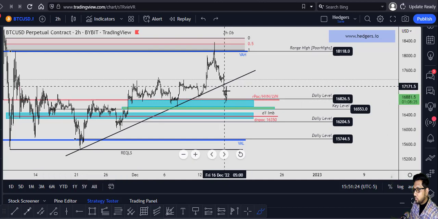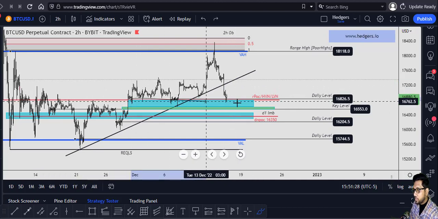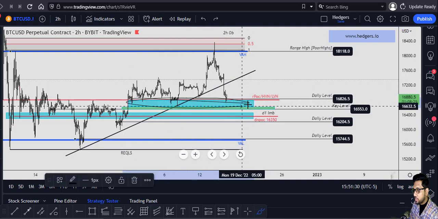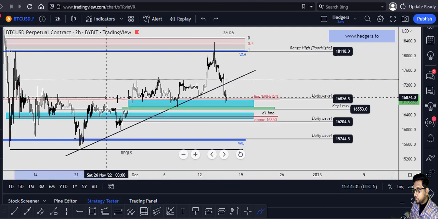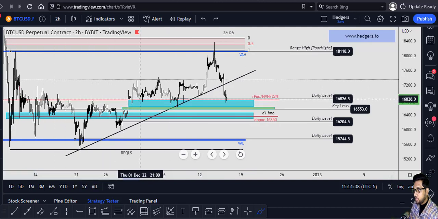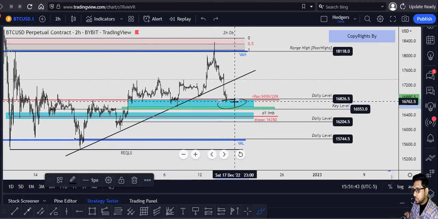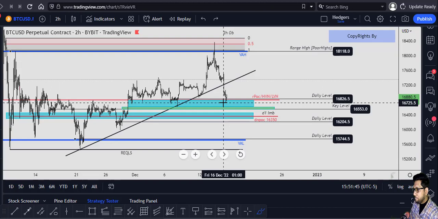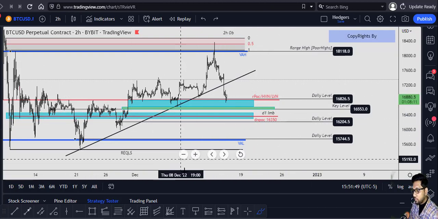This is what I am looking for right now in this immediate support zone here. This resistance area turned into support, and now it's being retested. Okay, so this is all for Bitcoin.